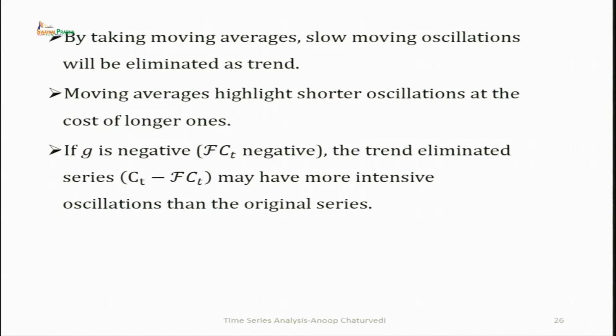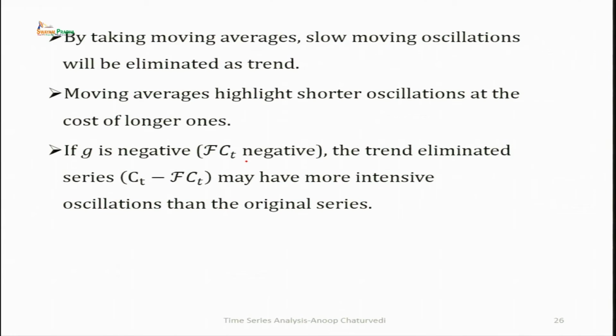Then moving average highlights shorter oscillations at the cost of longer ones. Shorter oscillations are highlighted and longer oscillations get eliminated. If g is negative, means f C t is negative.